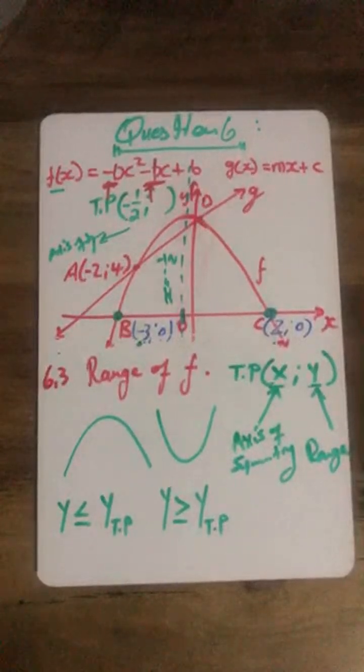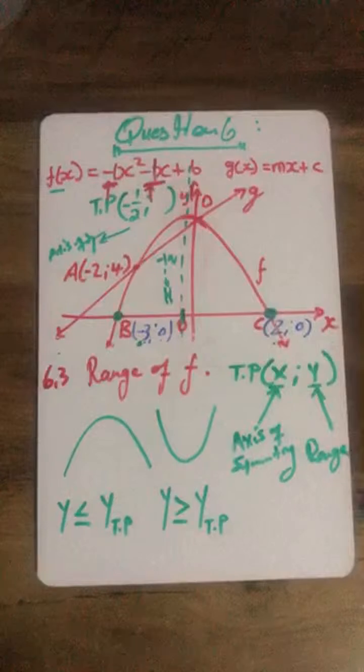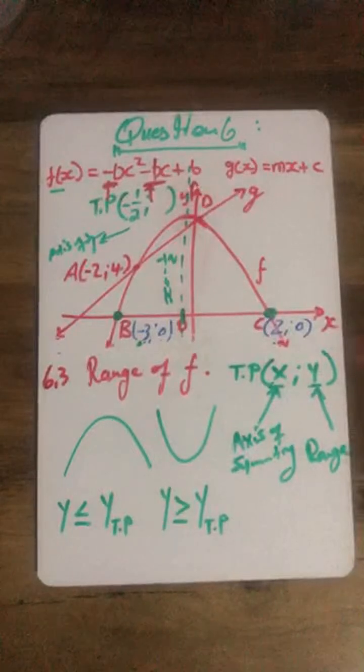Now all that you need to do is just to copy. So in short, the first thing that you need to do is to find the turning points. After finding the turning points, then you look at your function.